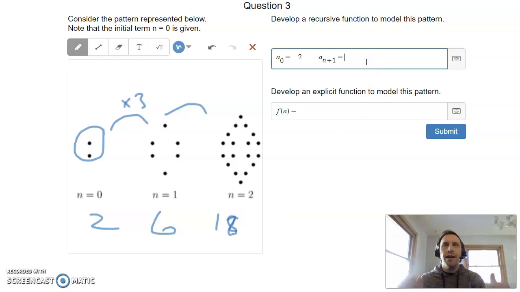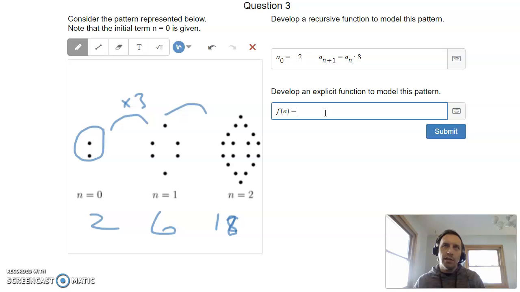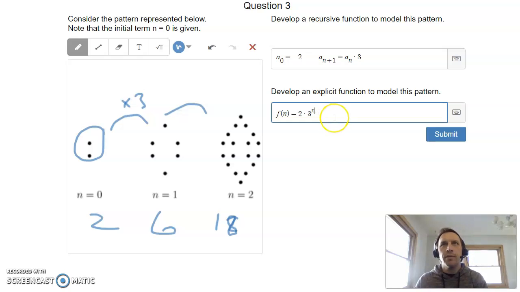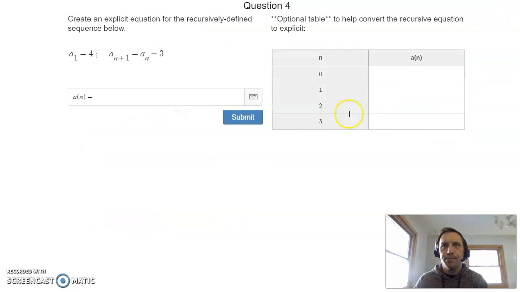And so to find that, we take our initial value and multiply each previous term by 3. So how would that look in our model? 2 times 3 to the x power in our explicit function. That's recursive into explicit, all right?